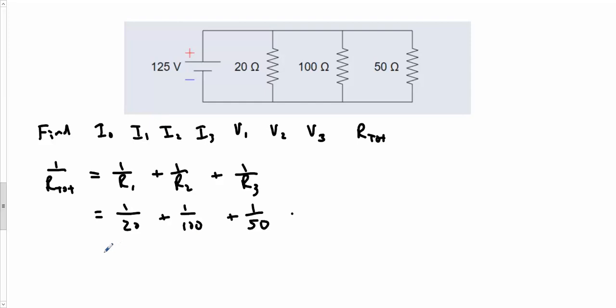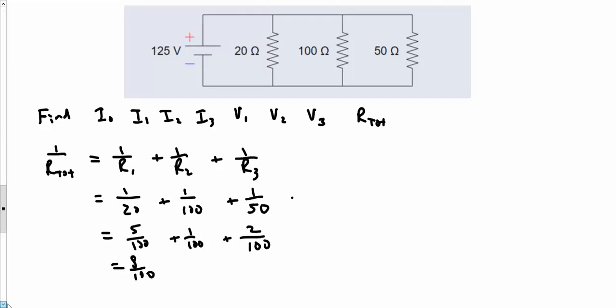I turn those all into denominators of 100, and I got 8 over 100. Therefore, remember, 1 over R total is 8 over 100, so R total is going to be 100 over 8, which happens to be 12.5 ohms.